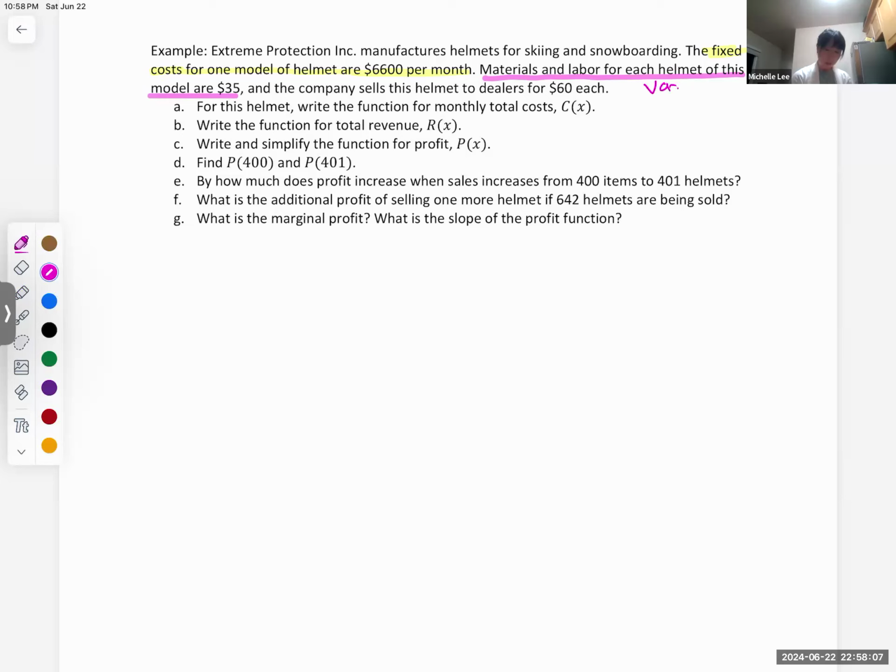This is the variable cost. Okay, so after that, the company sells this helmet to dealers for $60 each. This means revenue, okay?